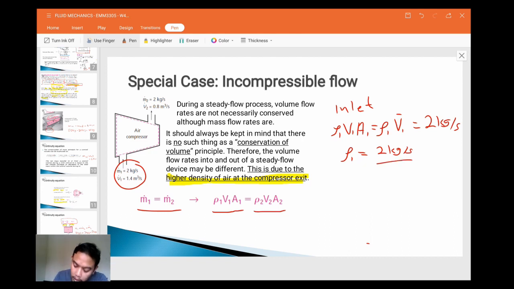divided by V1. What is V1? It is 1.4 meter cube per second.